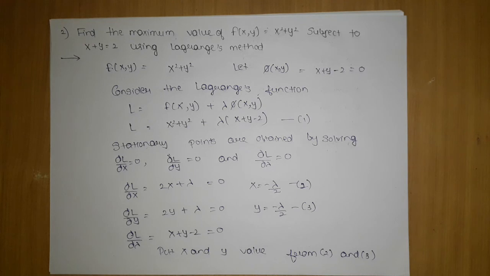We studied the Lagrange method of undetermined multipliers, and how to consider the Lagrange equation, which is L equals f of x comma y plus lambda times phi x comma y, or L equals f of x comma y comma z plus lambda times phi x comma y comma z.